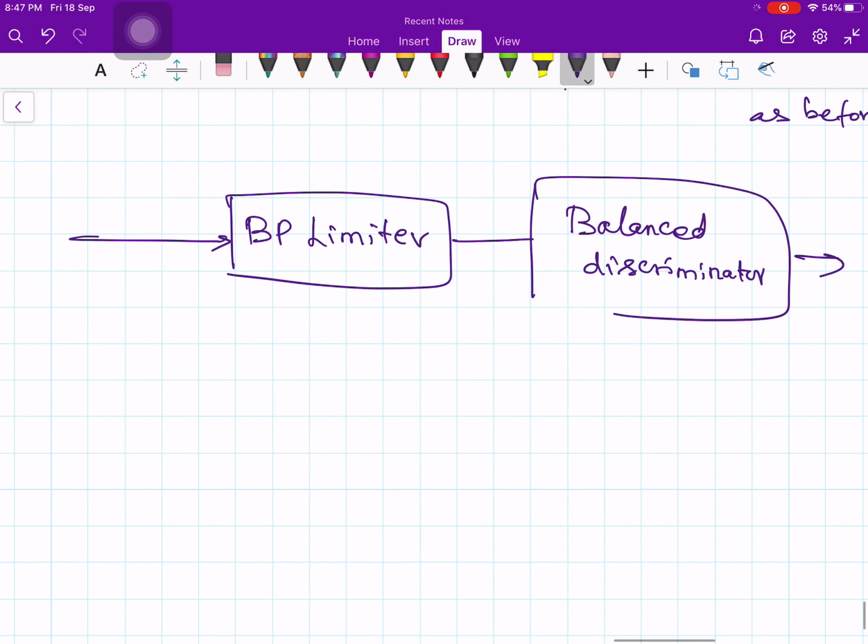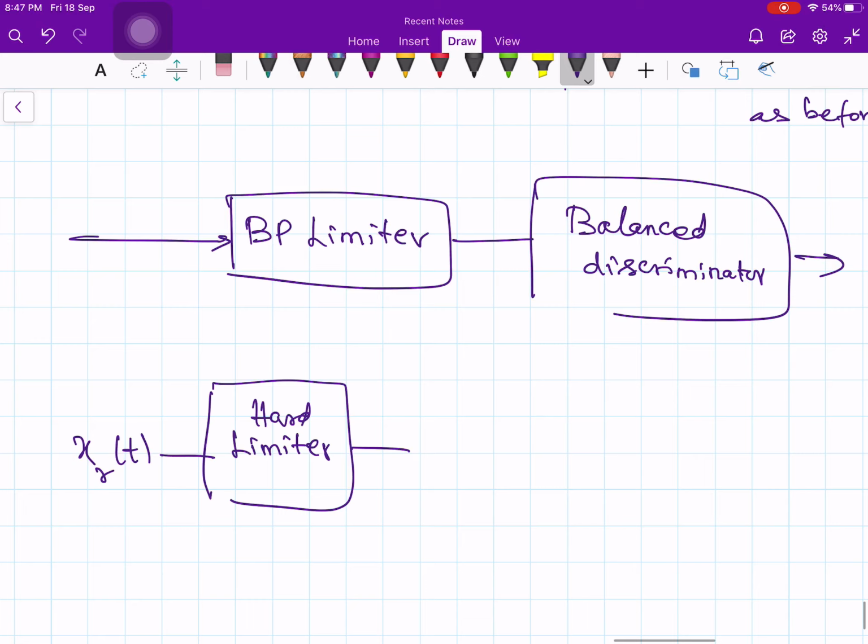So your received signal XR of t is given to a limiter, hard limiter, and this one is given to a bandpass filter tuned to the frequency FC.